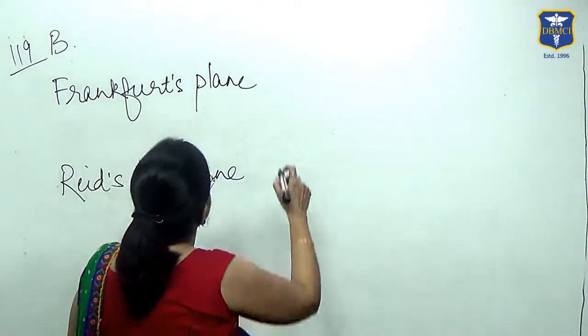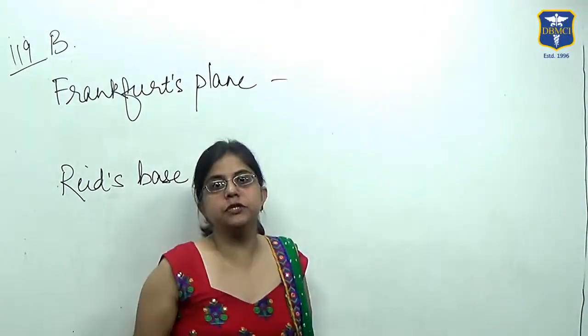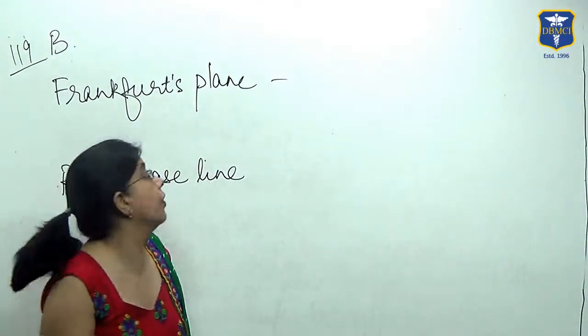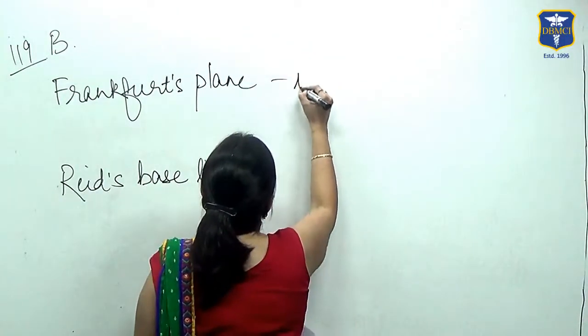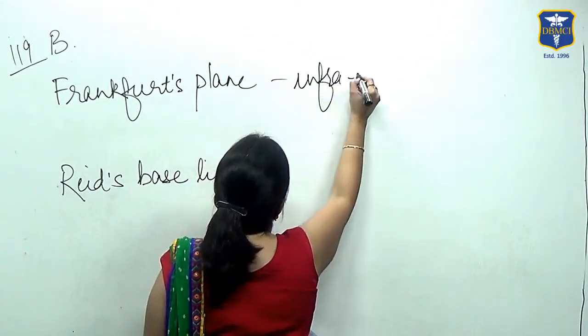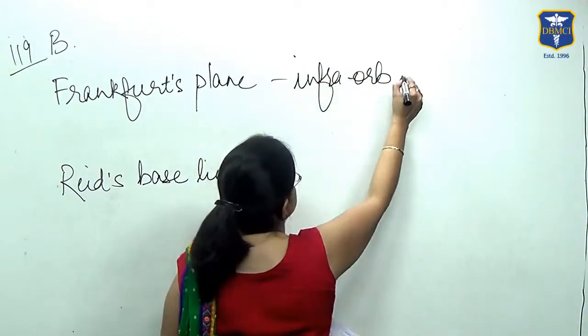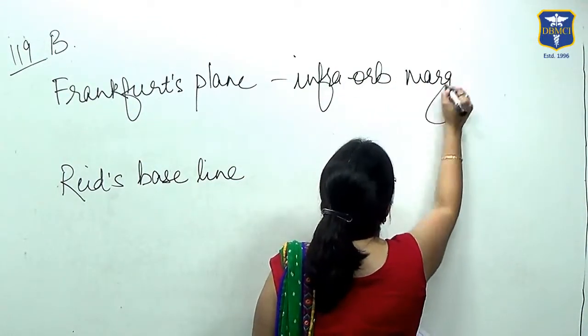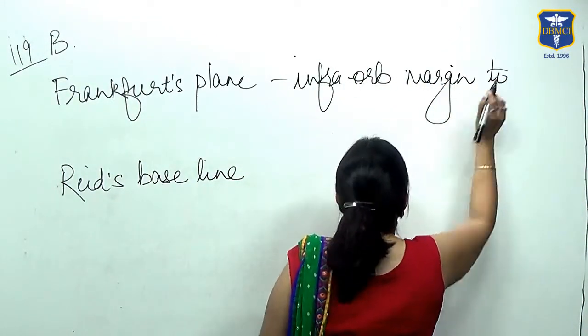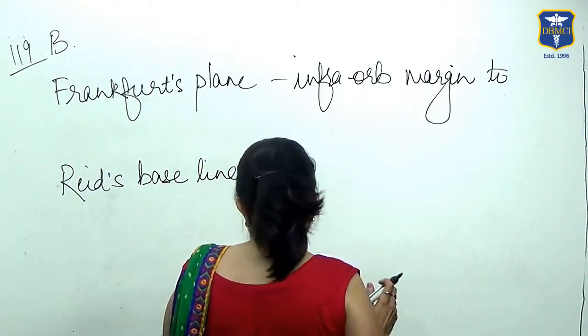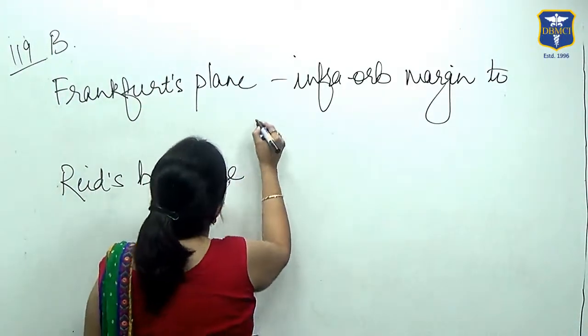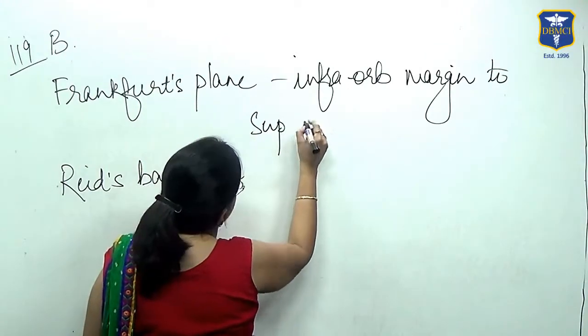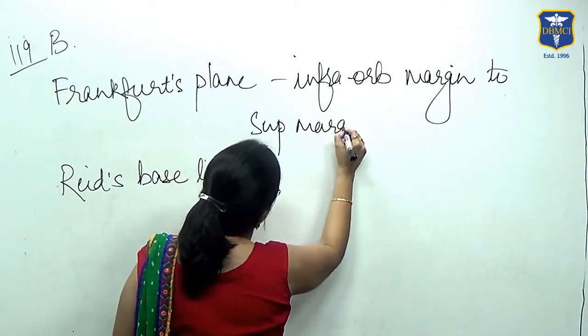In the Frankfurt plane, an imaginary horizontal line is drawn from the infraorbital margin to the superior margin of external acoustic meatus.